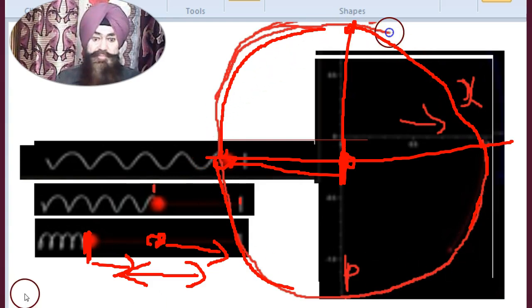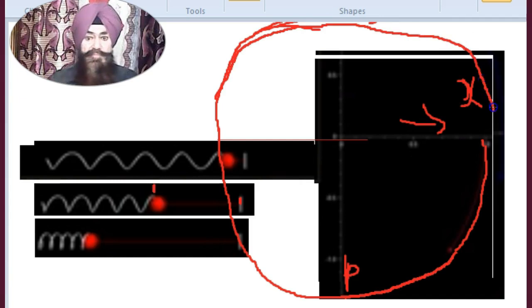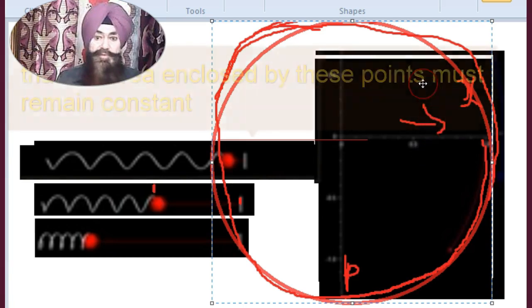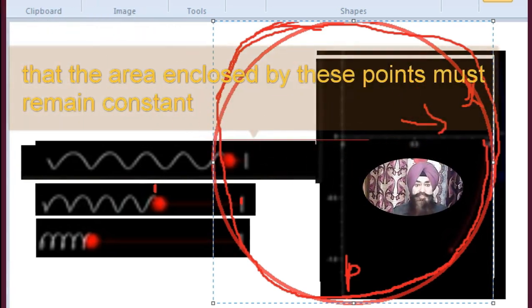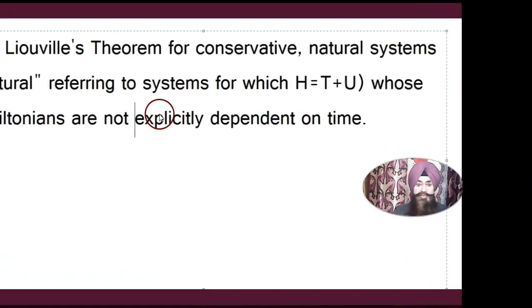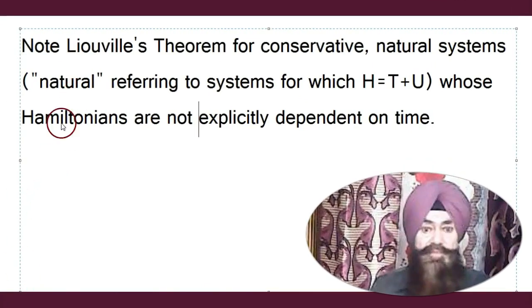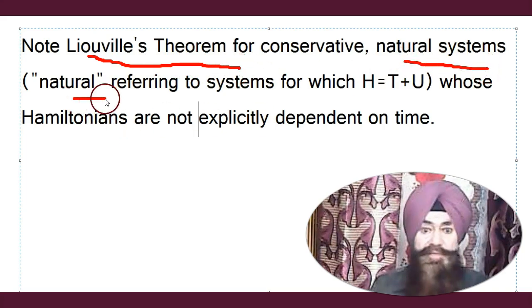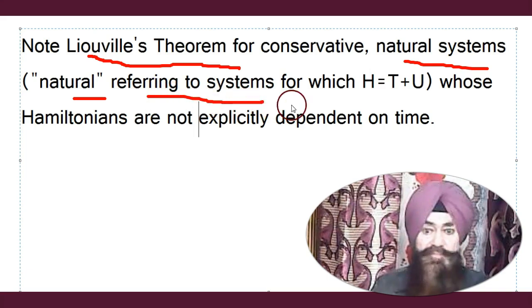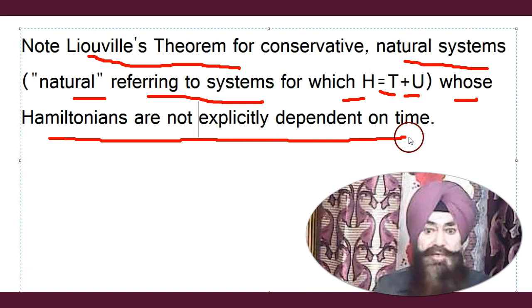That is the theorem. So this is a circle, phase space is a circle. Now there is an approximation for this theorem, that it refers to systems whose Hamiltonian, kinetic energy plus potential energy, is not dependent on time.